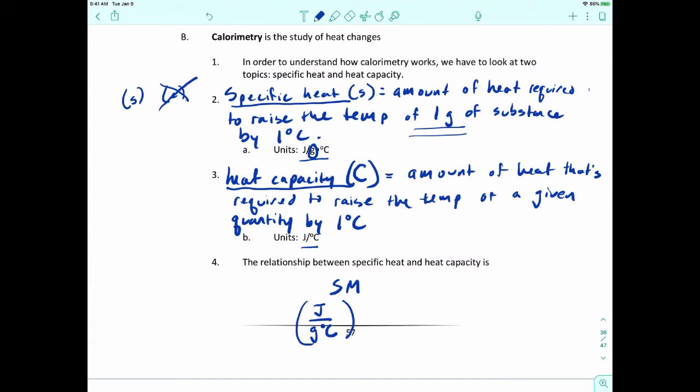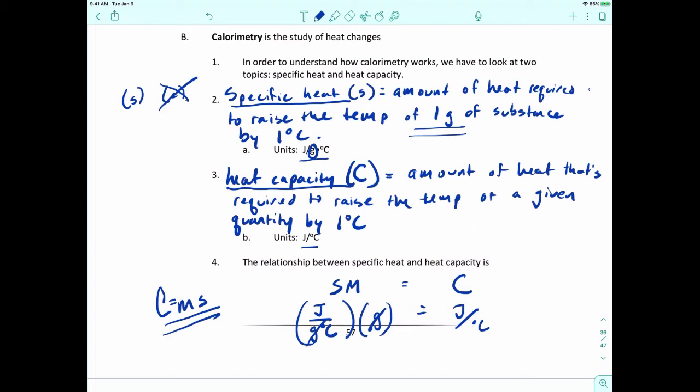If we multiply that by a mass in grams, the grams cancel out, so we're left with joules per degree Celsius, which is actually C, the heat capacity. So the equation that relates the two is C, the heat capacity, is equal to mass times the specific heat. All right, so that's how they're related.